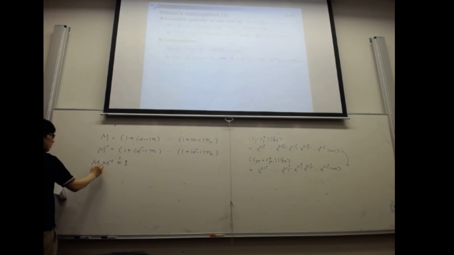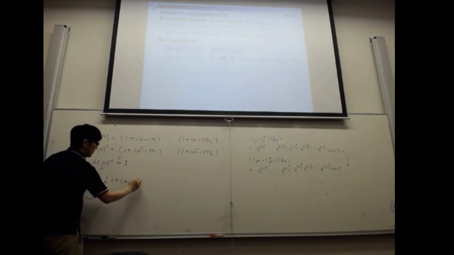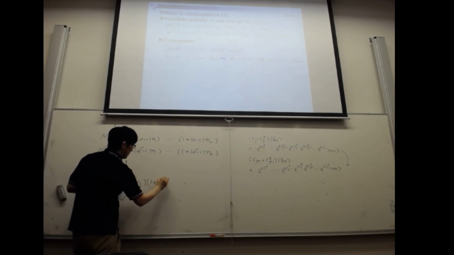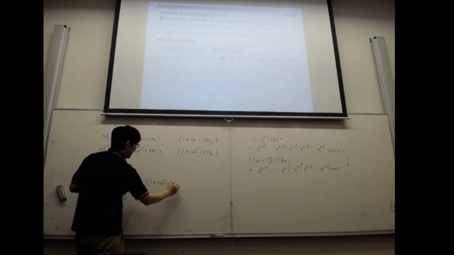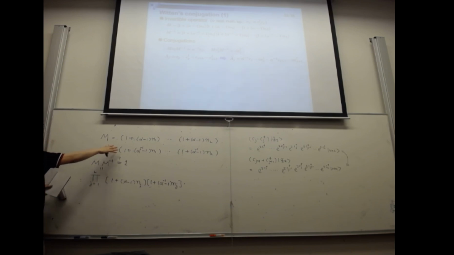But this is easy to see because this is just a product over j from 1 to L. And the point here is, these are just diagonal operators, so they are mutually commuting.